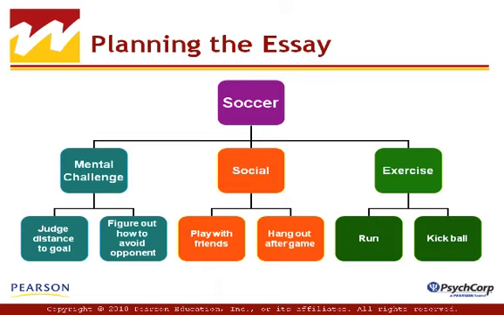And for each of these reasons, when you present the reason, the examiner or whoever might say, well, you think it's mentally challenging. Well, tell me more. And so I go ahead and tell you, well, it's mentally challenging because I have to judge the distance to goal. I have to figure out how to avoid an opponent. I may actually have more reasons for why I think that soccer is mentally challenging.